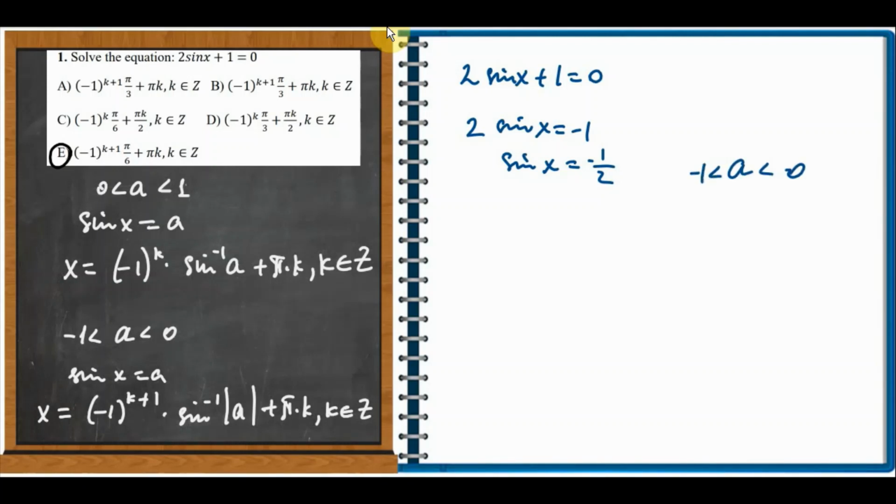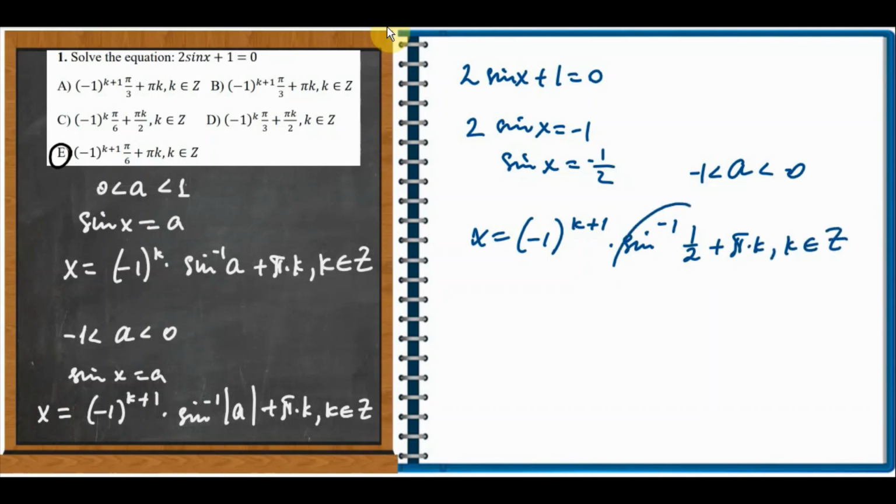So that's this condition. So x is going to be negative 1 to the power of k plus 1 multiplied by sine inverse of 1 over 2 plus pi multiplied by k, where k's are integer numbers.